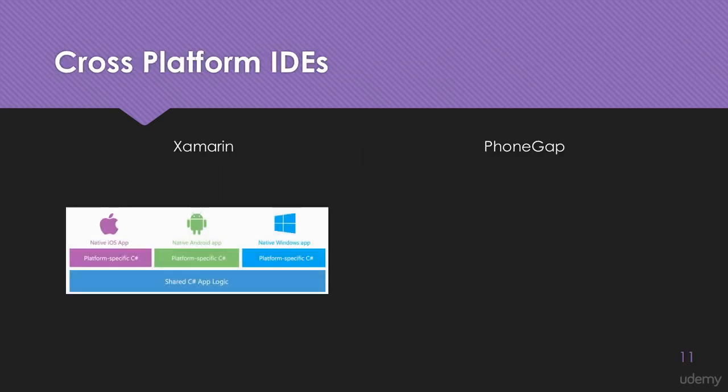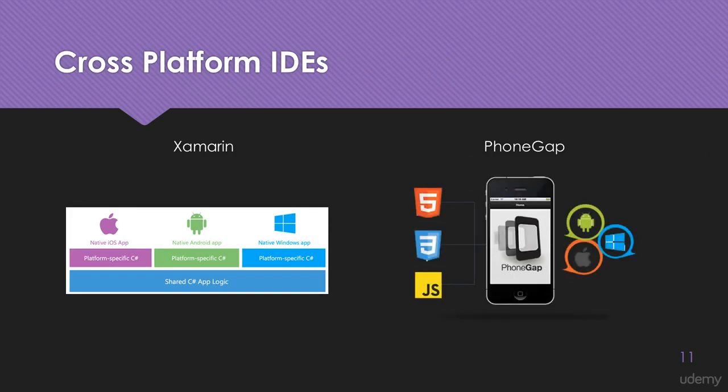There's a few other cross-platform IDEs such as Xamarin and PhoneGap. With Xamarin, you build an app using C# and similar logic. You code once, and it actually builds out apps for iOS, Android, and Windows. PhoneGap is similar, and it used to be called Cordova.